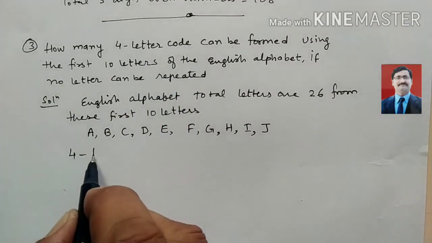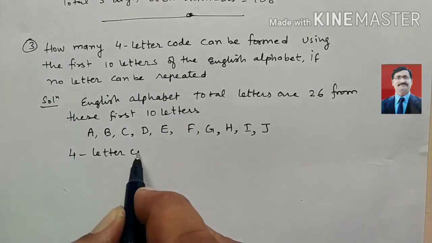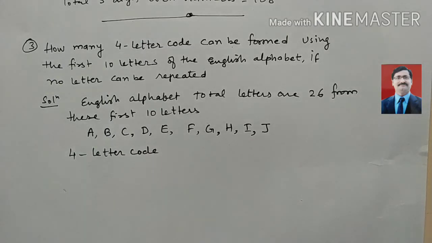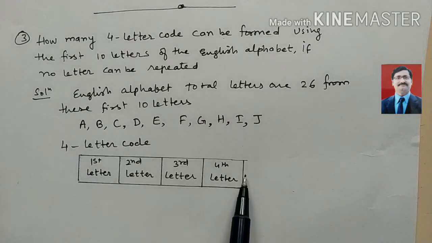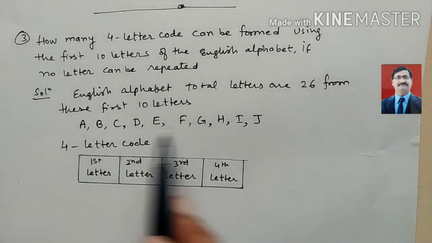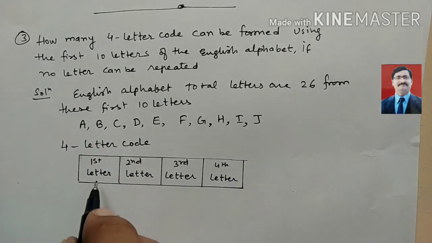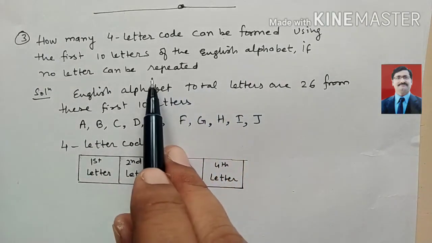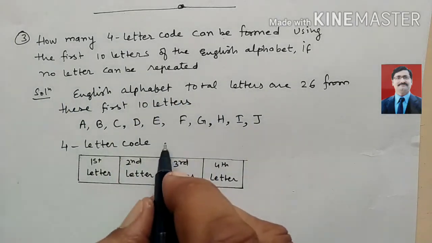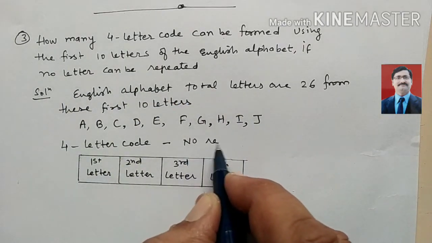Look here, we have to prepare a 4-letter code. This is a 4-letter code. So look here, we have 10 letters available, and no letter can be repeated, means no repetition.